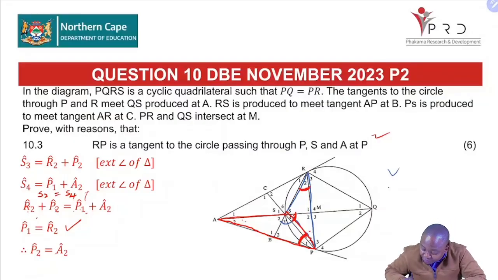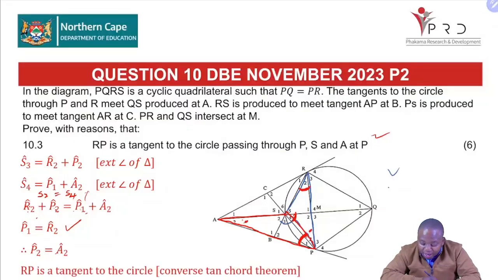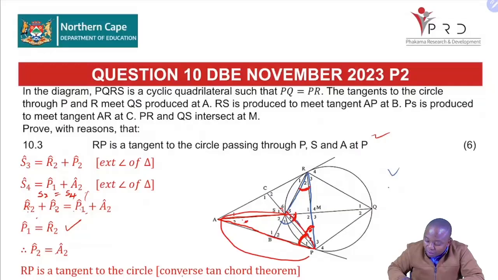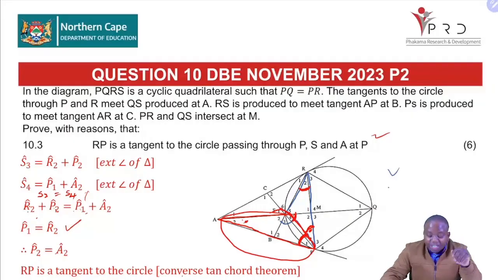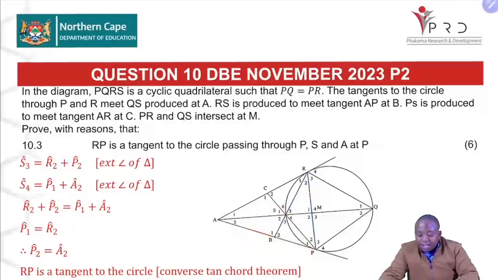Therefore, we can now say RP is the tangent to the circle because we have the converse of the tan chord theorem. And that is how we can prove that a certain line became a tangent to a circle at that point.